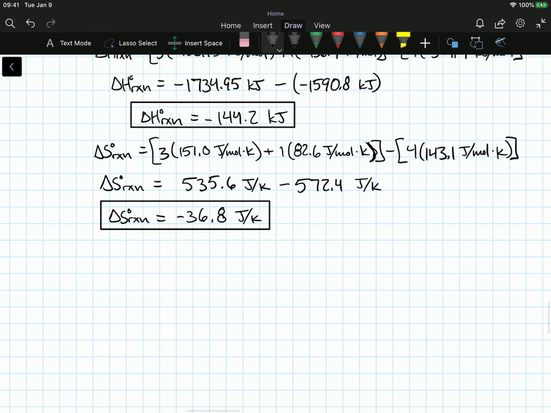So finally, to calculate delta G naught of reaction, it's delta H naught of reaction that we calculated earlier minus T times delta S naught of reaction that we just calculated.